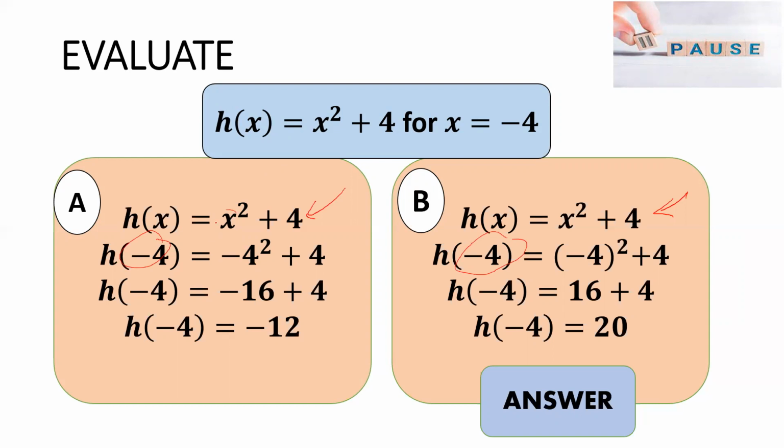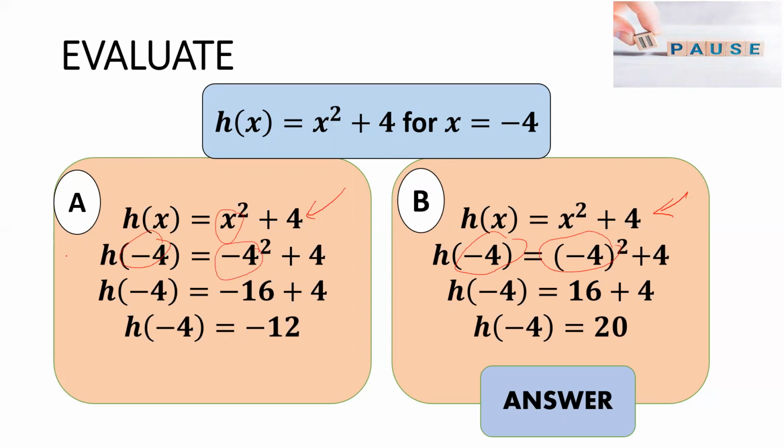Then x would become negative 4. And here, negative 4. What makes it different? Now, if we are going to substitute a particular value for our x, we need to use a parenthesis. Always use parenthesis. If we check letter A, we don't use parenthesis here.